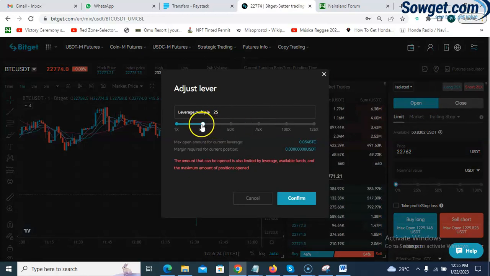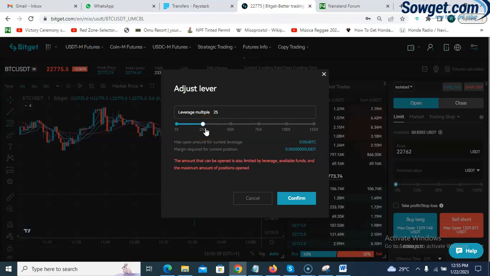What this means is that if I'm using a leverage of 25x, I can open a trade with an amount multiplied by 25 times. Let's say I want to open a trade and I want to put in $10.